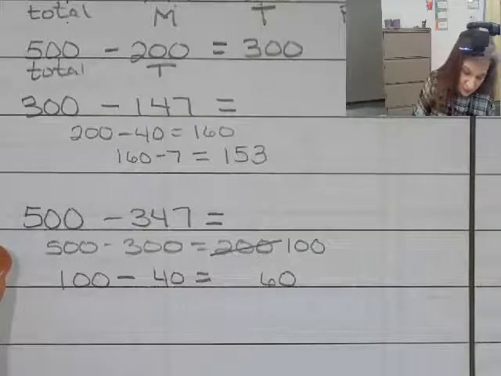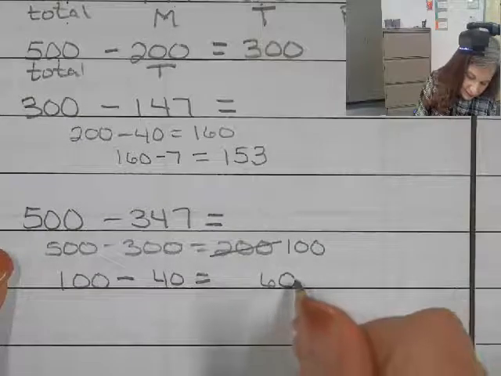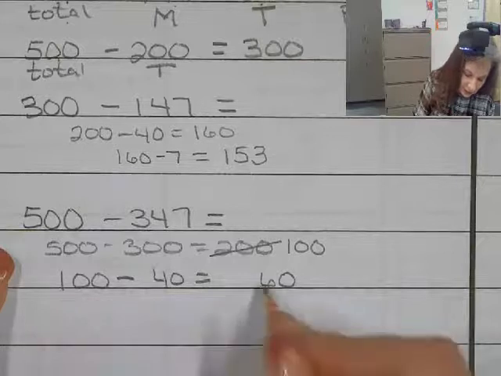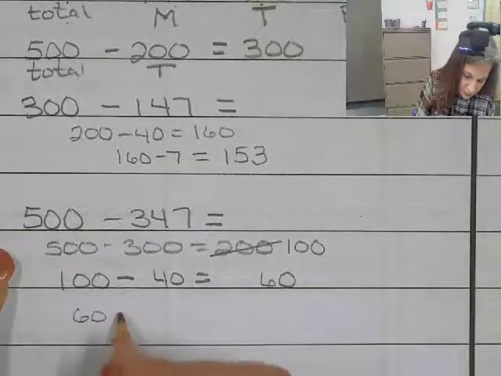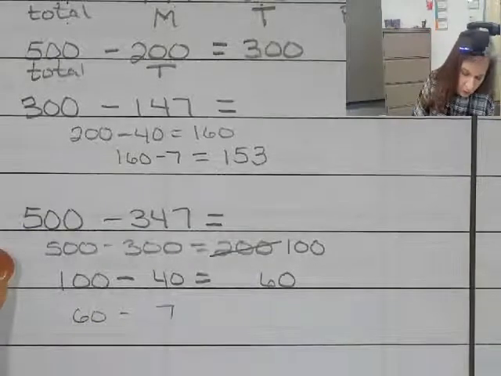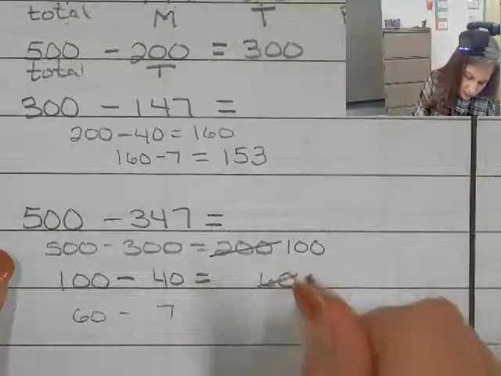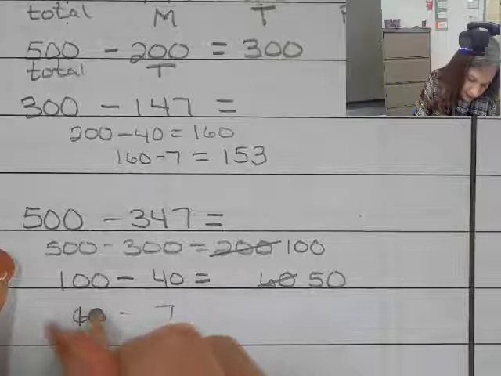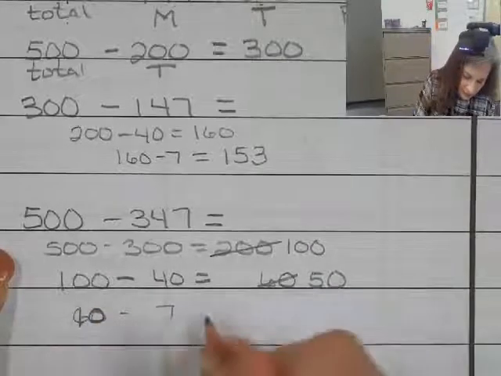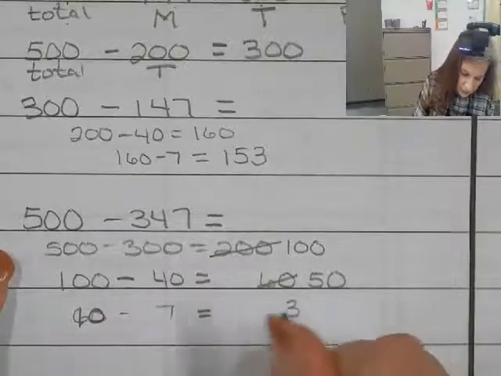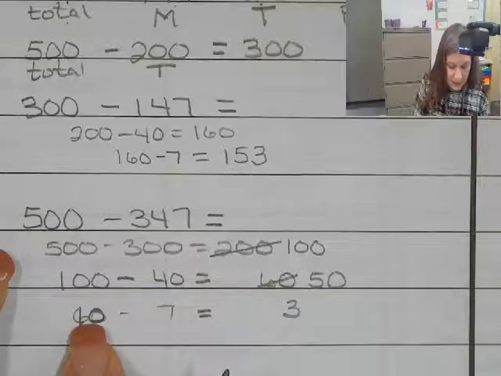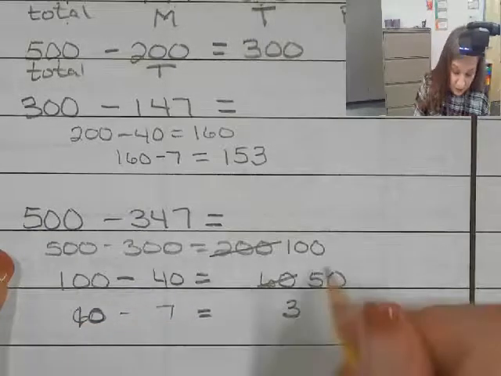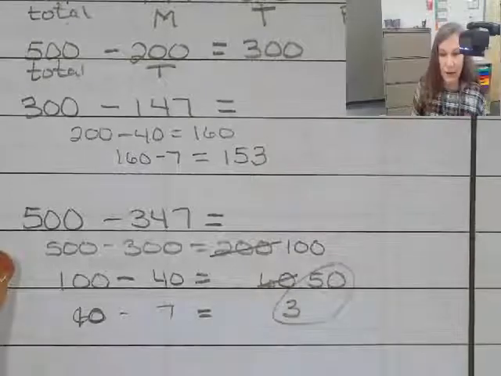Move that up. Now I have 60. I could take that 60 and subtract 7. I could just easily move that over here and subtract 7. Or if we stick with our understanding of regrouping, we take the 50 and we take 10 and subtract 7, which would be 3. Now, if I were to say take 60 and subtract 7, it would be 53. And that's what we have right there.